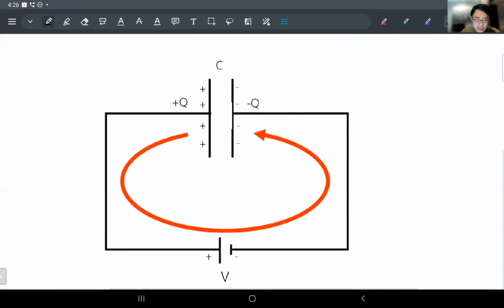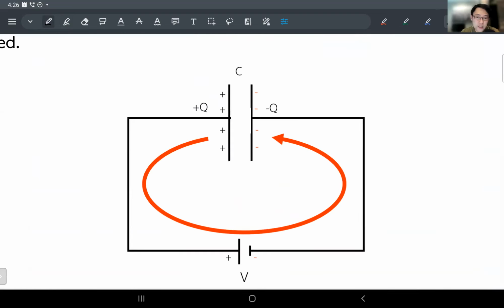This is the easiest type of circuit that you can build having a capacitor within. You have a source and you have that capacitor and you're done. That's it. And of course, if you only have this, that's not much to it, because as you can see, the left plate here is connected to the positive terminal of your source, and the right plate is connected to the negative end of your source.